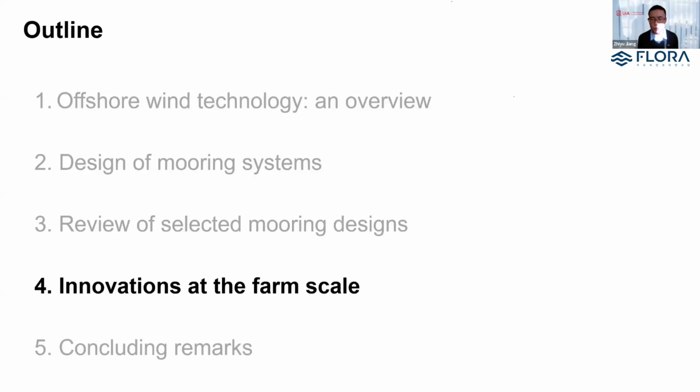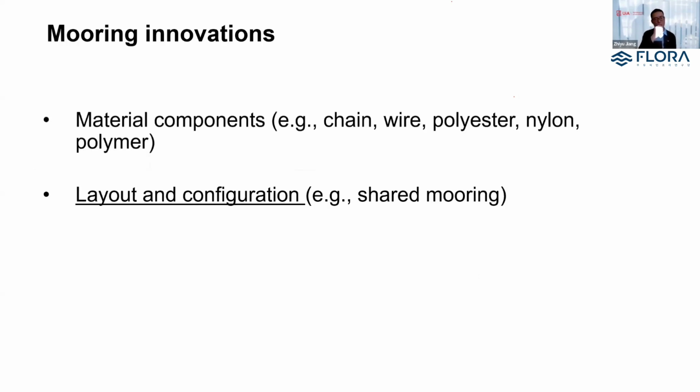Okay, then let's move to the exciting part to take a look at a few innovations at farm scale. When we talk about mooring innovations, we can think about many things, right? We can think about the use of innovative mooring components, right?